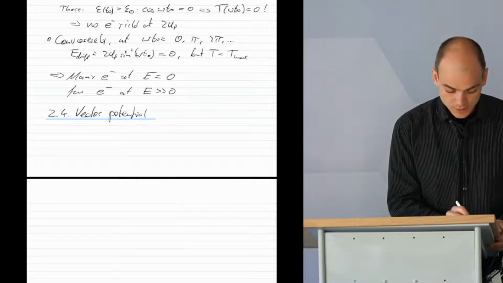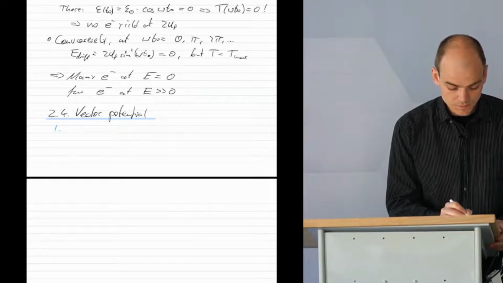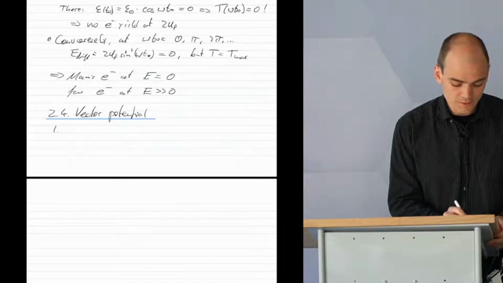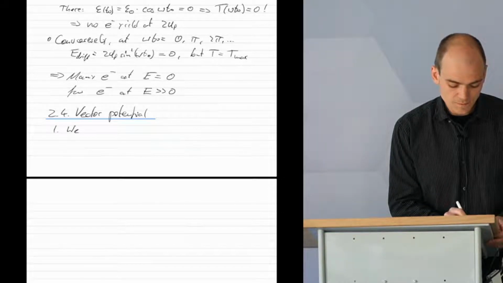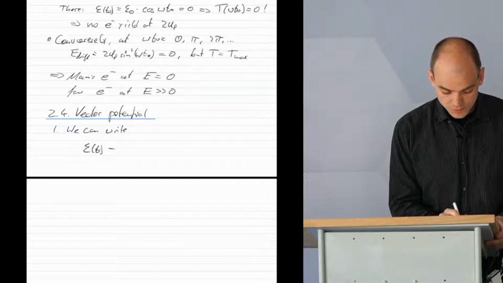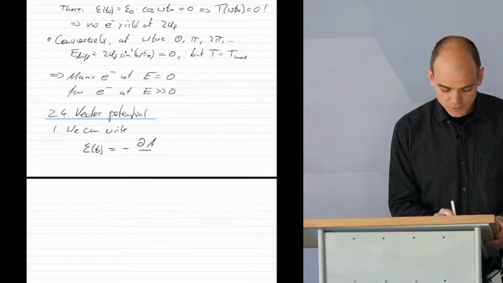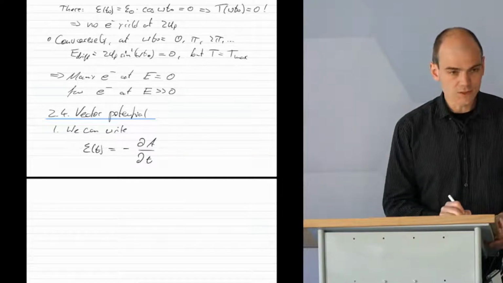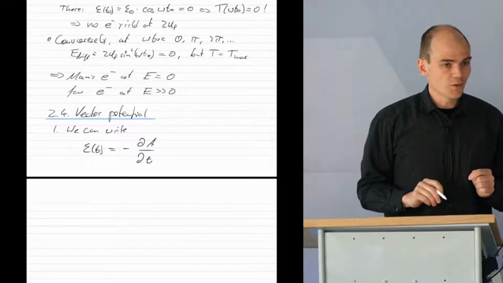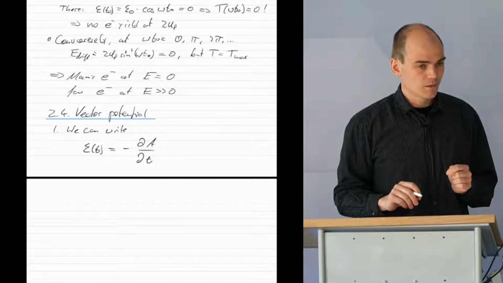The electric field can be expressed in terms of the vector potential. We can write E of t equals minus dA over dt. And you see already this A is actually the same that I used previously for the laser potential.